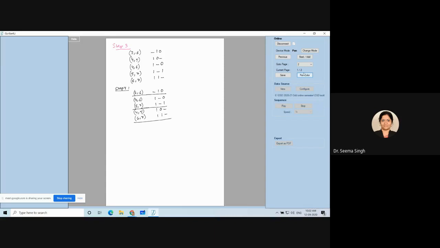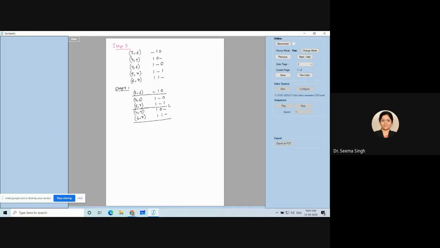After putting it in this location, we can do further grouping in step 4 itself. Now you can see, based upon the place of dash, I want you to see these pairs. 4 6 is 1 dash 0, 5 7 is 1 dash 1.